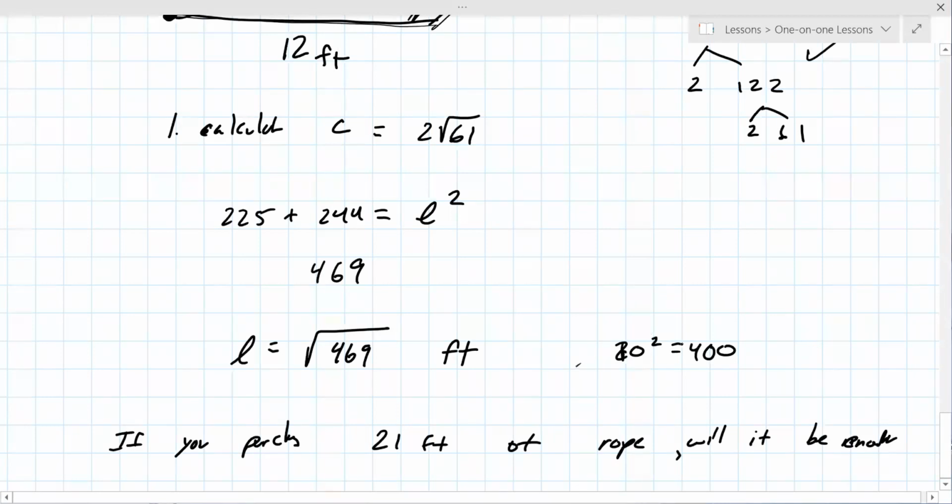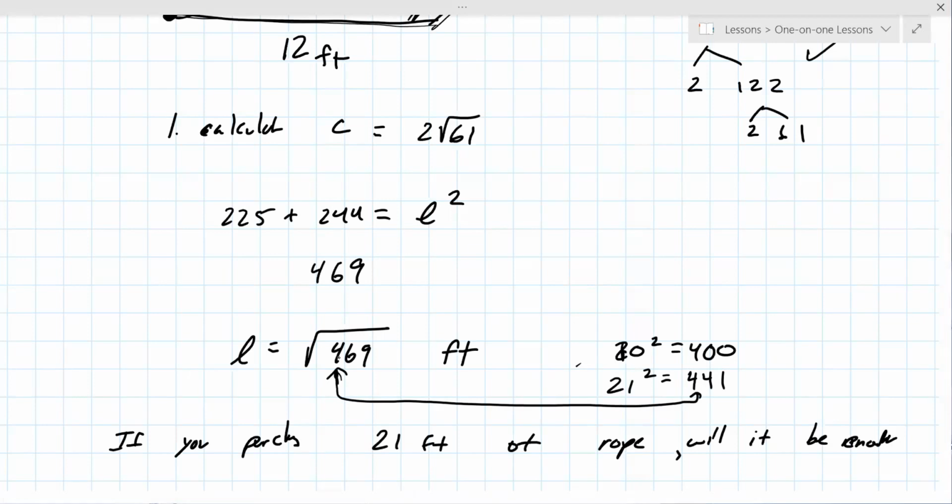We could use 20 squared, which is 400. Is 469 bigger than 400? Yes, it is. So you know that it is not enough.